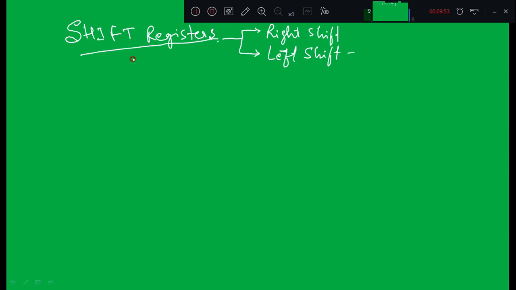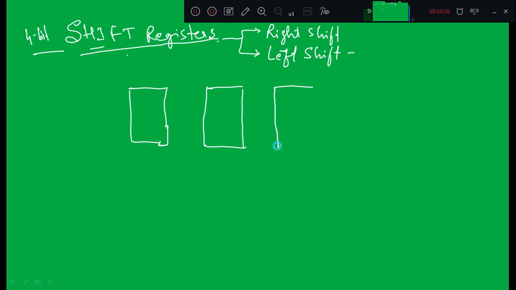We are going to form a shift register using flip-flops. To be precise, we'll discuss a 4-bit shift register in which we require 4 flip-flops, and the simplest among them is the D flip-flop.